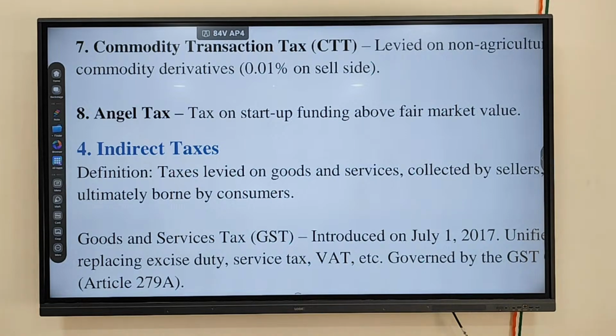Full stop. This angel tax was introduced in 2019 and abolished in 2020-21. Because it would hamper what? The small industries, small companies or startups.